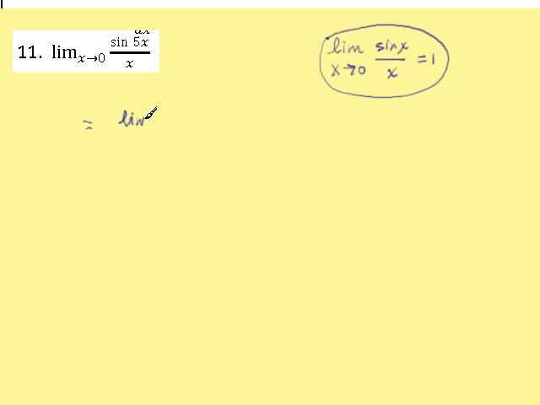So if we could replace that x in the denominator with 5x, this limit goes to 1. So let's compensate for putting an x in the denominator. Let's multiply by 5. So we say that this goes to 1. So the whole limit goes to 5.